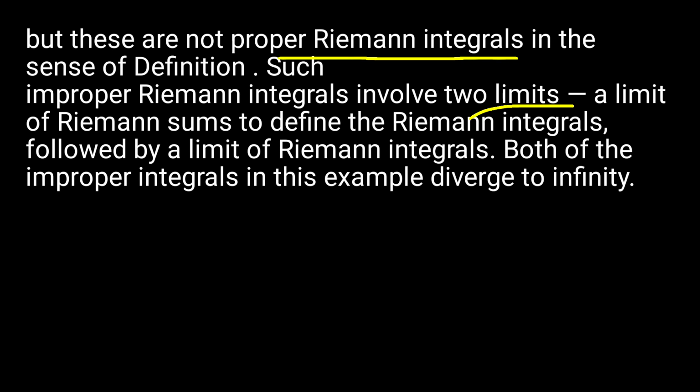So it has two parts: a limit of Riemann sums, divided into Riemann integrals, followed by a limit of Riemann integrals. Both of the improper integrals in this example clearly diverge to infinity.